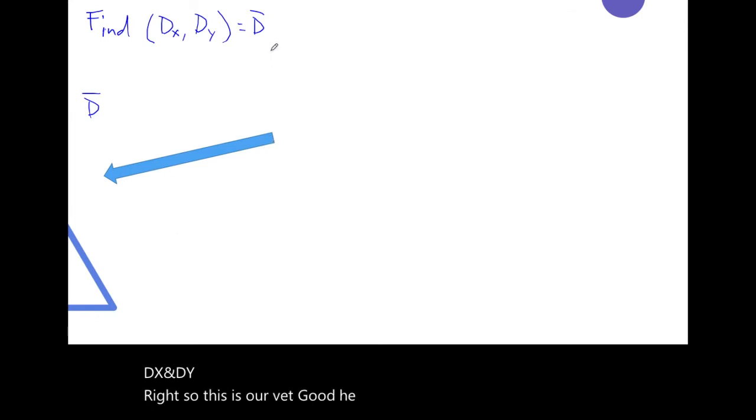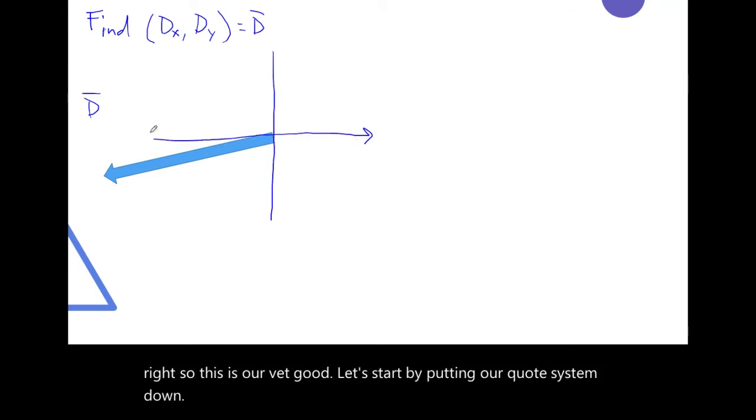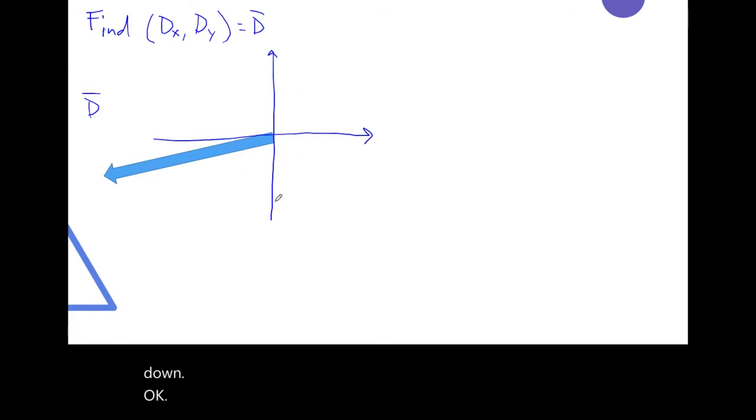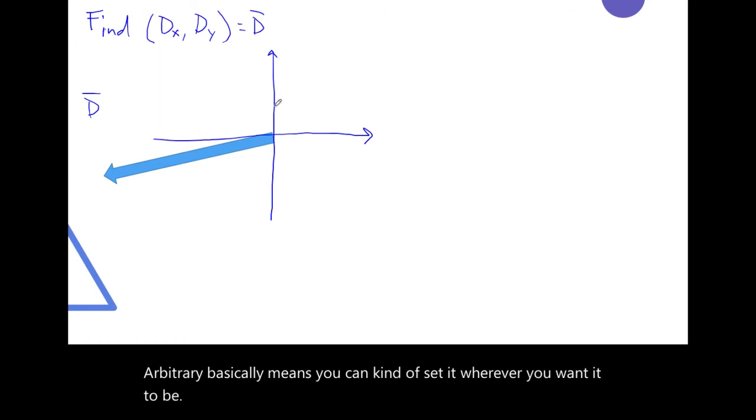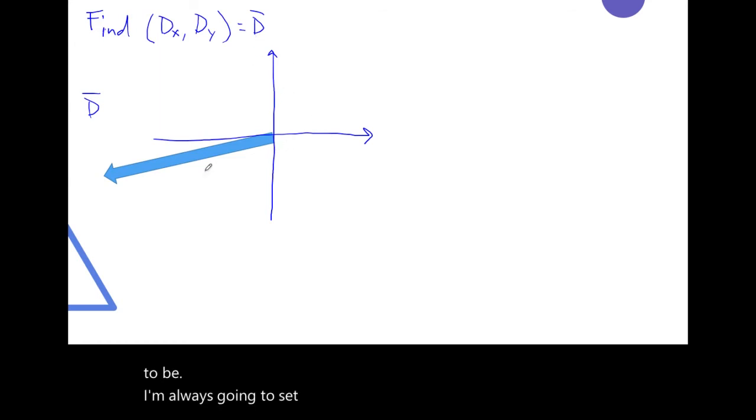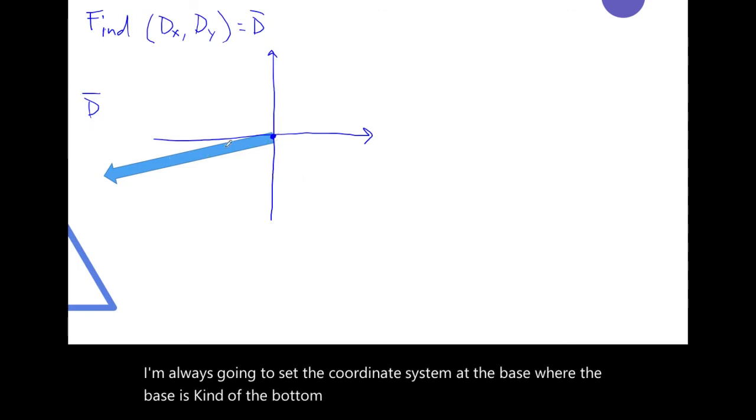Let's start by putting our coordinate system down. So when we put our coordinate system down, since the coordinate system is arbitrary, which basically means you can set it wherever you want it to be, I'm always going to set the coordinate system at the base, where the base is the bottom of the vector here.